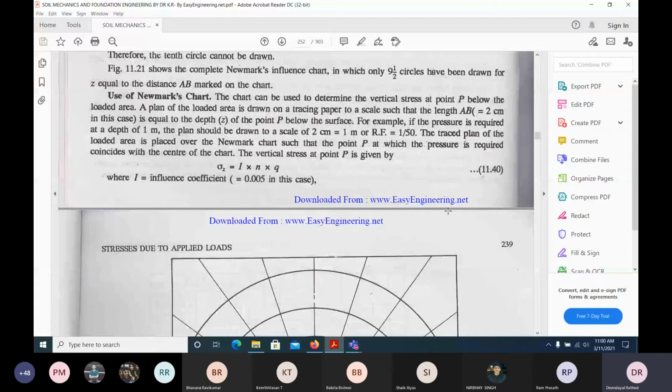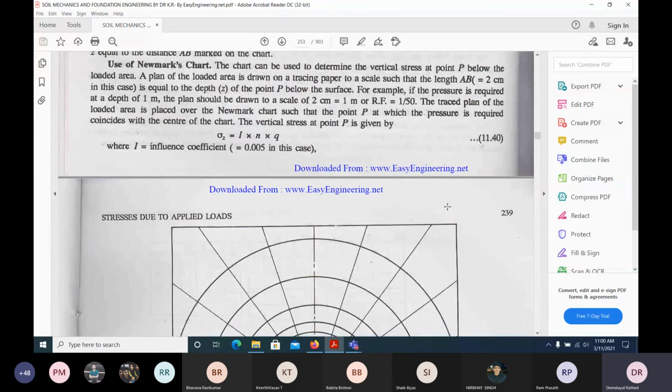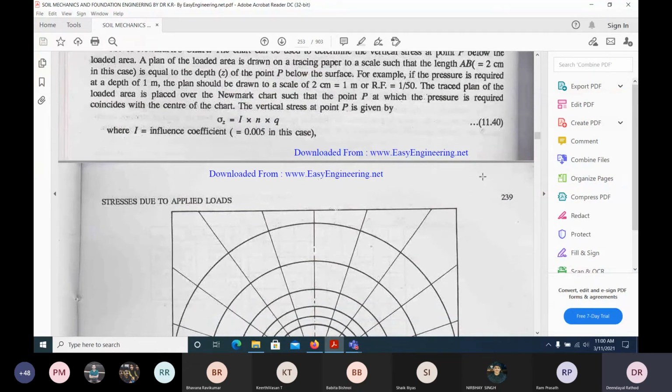For example, if the pressure is required at a depth of 1 meter, the plan should be drawn to a scale of 2 centimeters equal to 1 meter. The tracing paper plan of the loaded area is placed over the Newmark chart such that the point P for which the stress is required coincides with the chart center, and the vertical stress can be given by this particular equation.